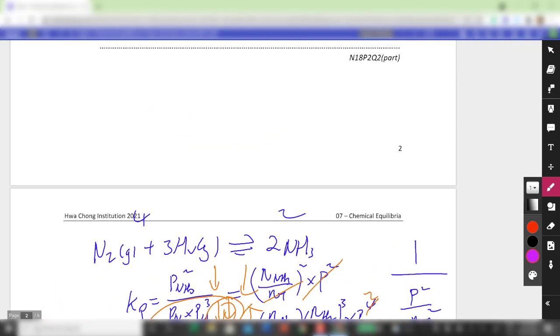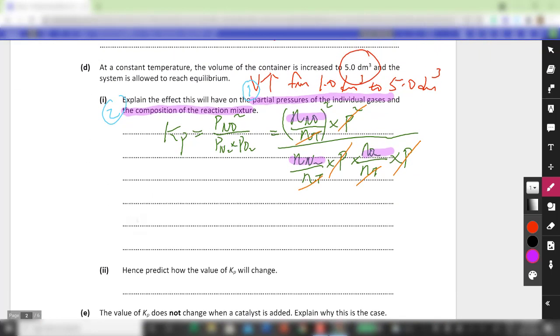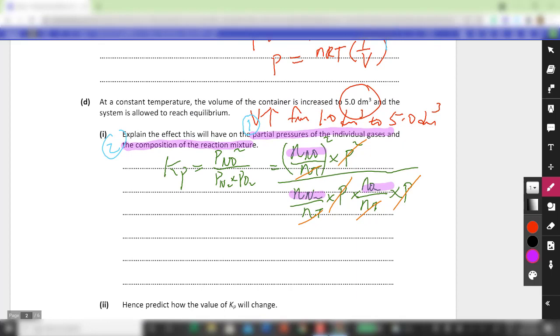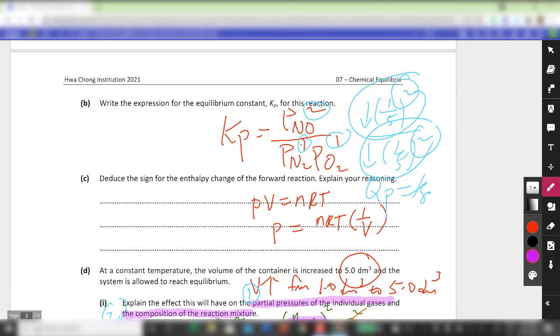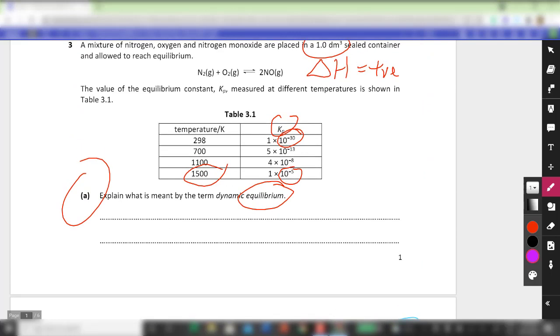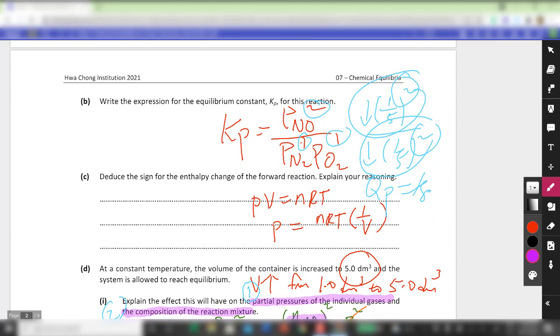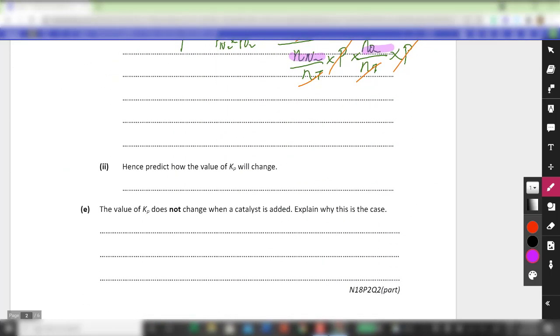So the examples in in-class exercise 1 are actually the easiest kind of examples, because the number of moles of reactants and products are the same. So it's quite easy to analyze. And of course, predict how the value of Kp will change.